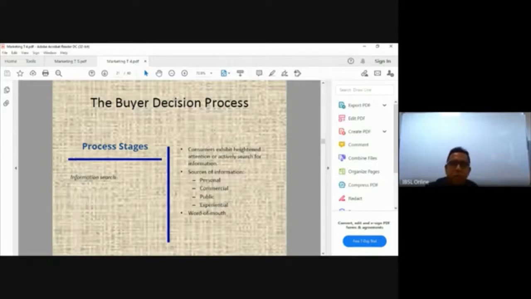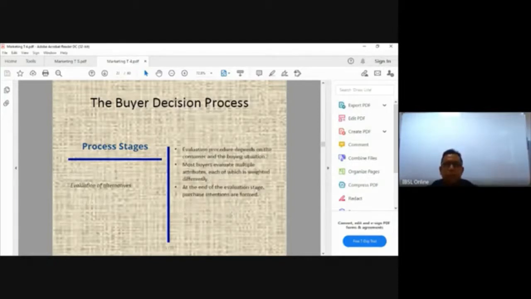Public information, again maybe common information. Experiential: if you already have experience with a particular brand, you know its features, and that can be one source of information. And word of mouth, as I said, buzz marketing, through some references, again you get information to take a decision.